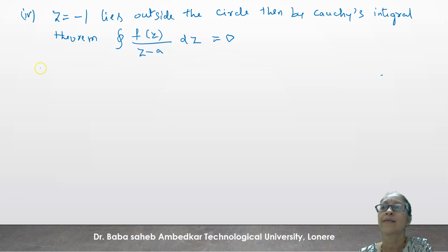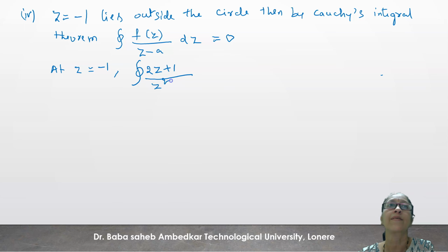So here at z equal to minus 1, the contour integral of 2z plus 1 by z square plus z dz will be 0 at this point.